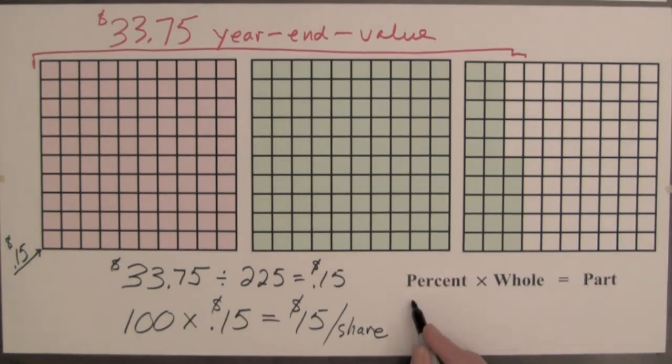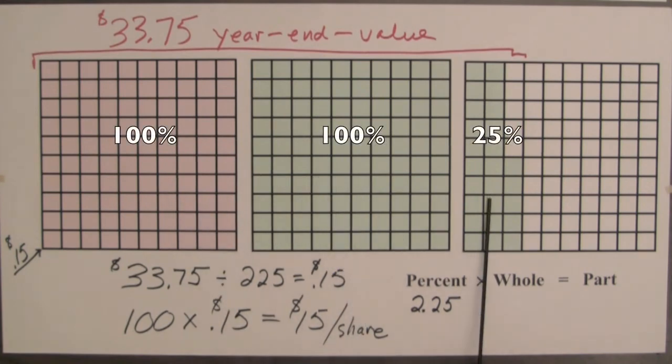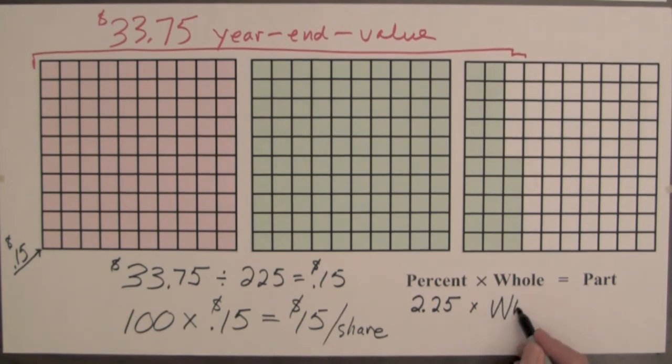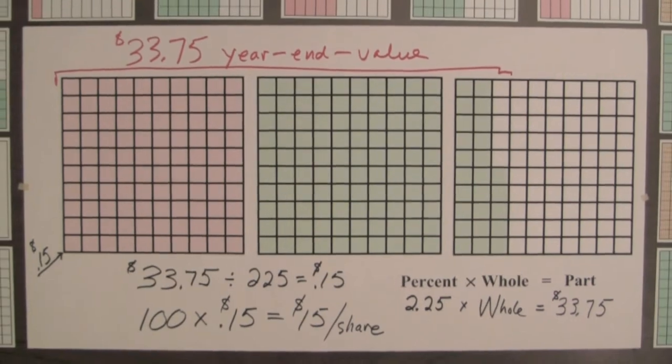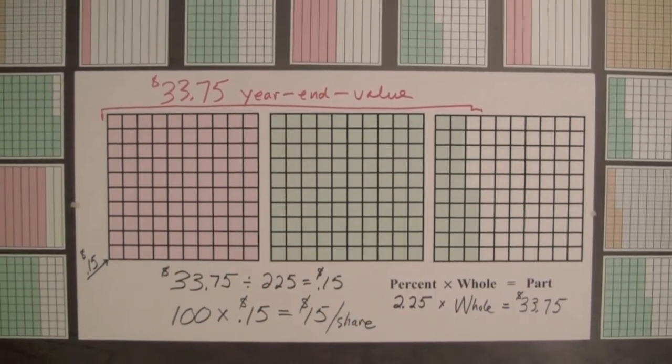For the percent, we write the mixed decimal 2 and 25/100 because the year-end value includes all three squares, and this is 225%, times the whole, and this equals $33.75. Then we can divide by 2 and 25/100 to obtain the original $15 price of stock.